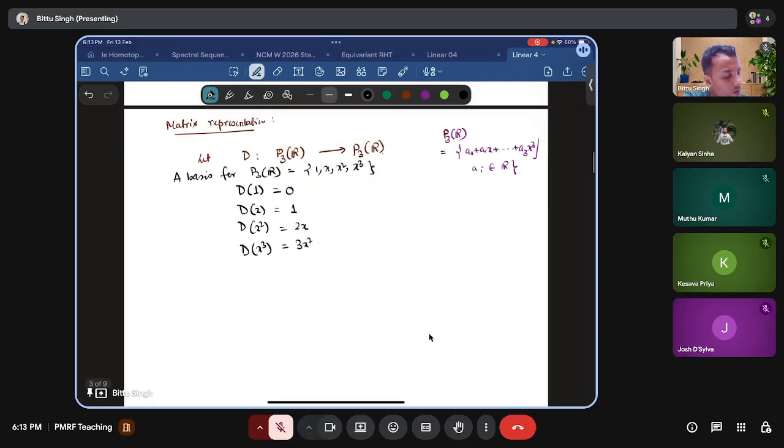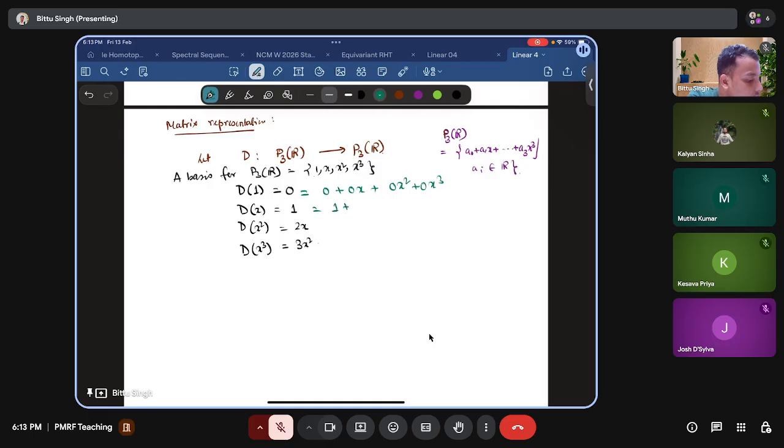Now what happens is d of 1 is 0. So let us try to write it as a linear combination of those basis elements. So this is the same as 0 plus 0x plus 0x squared plus 0x cubed. Again, the basis is an ordered basis, otherwise there will be some issues.